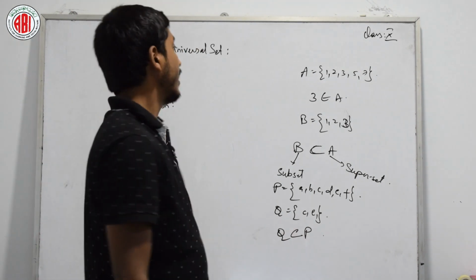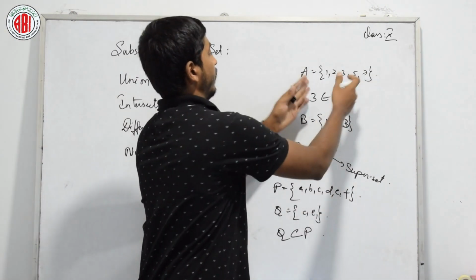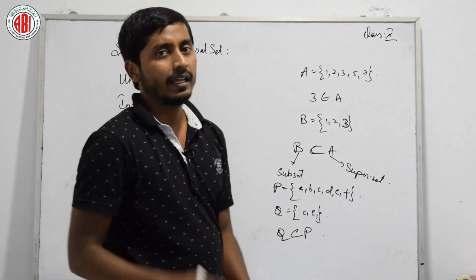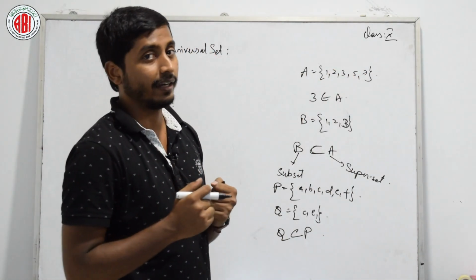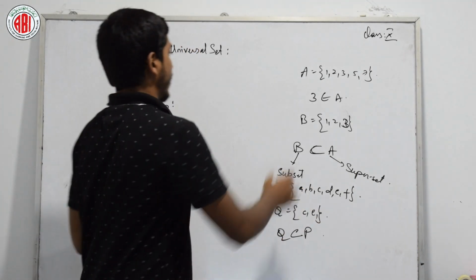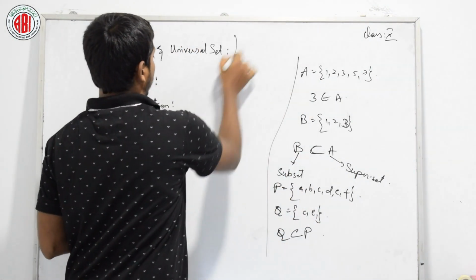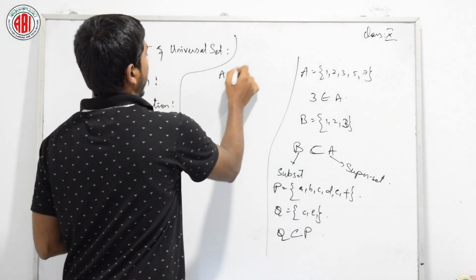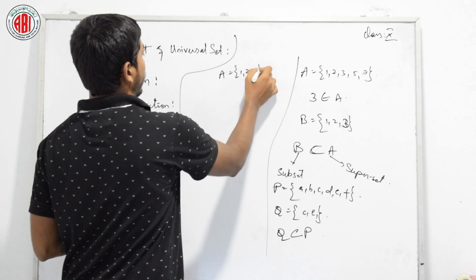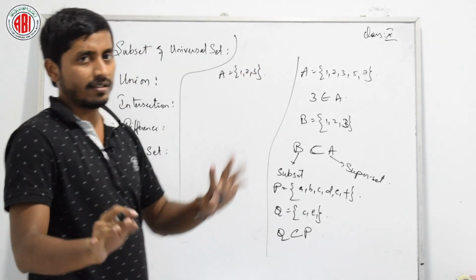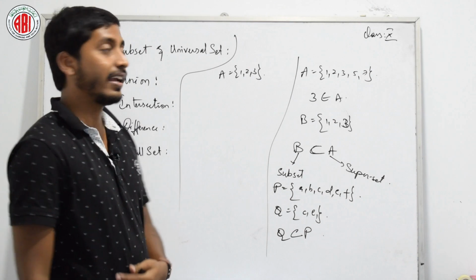For example, if I have a big set 1, 2, 3, 5, 7, how many subsets can I get? Let us have a simple example, that is A equals 1, 2, 3. This is a simple set. How many subsets can I get?